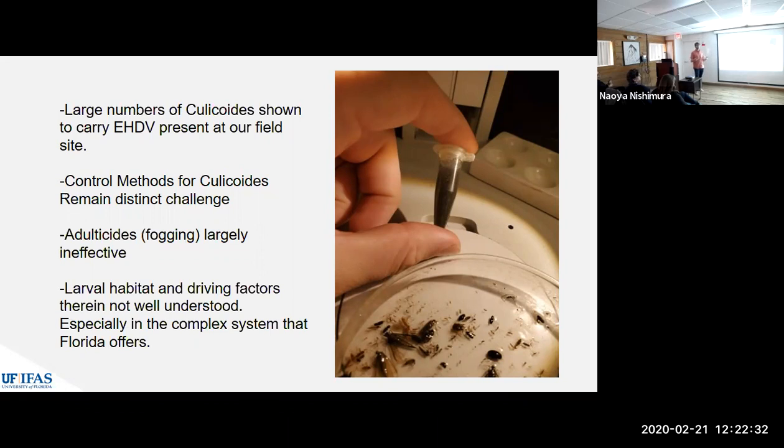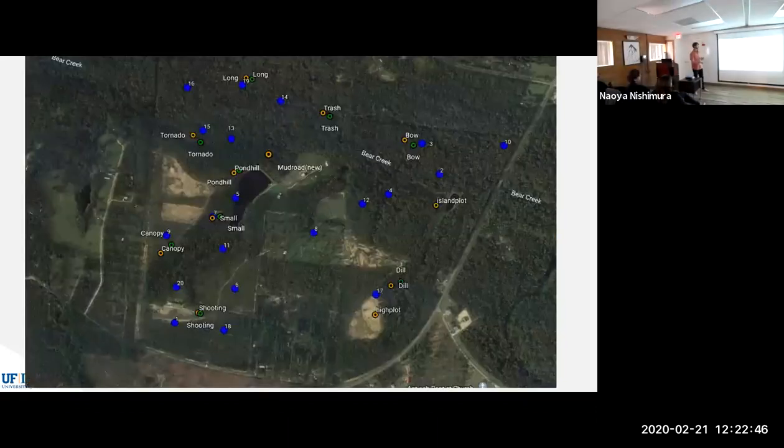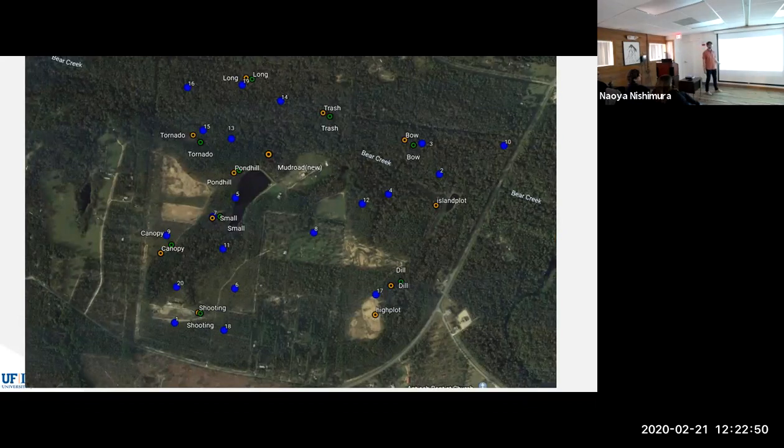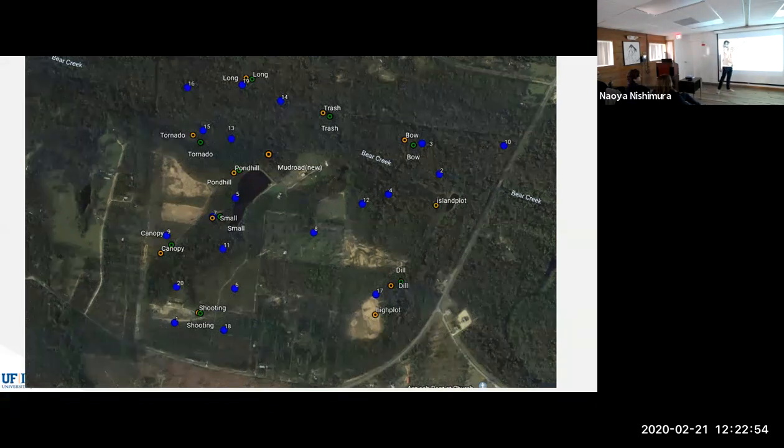Many of the successful larval control methods have been around dairy waste ponds, where the Culicoides are living in pretty narrow ranges. But here, they're all across the environment. So here's our main field site in northern Florida in the Panhandle, and all around here, this is just wet.